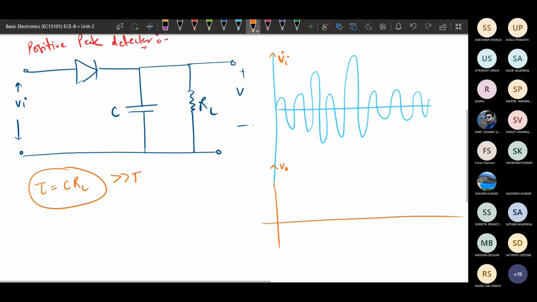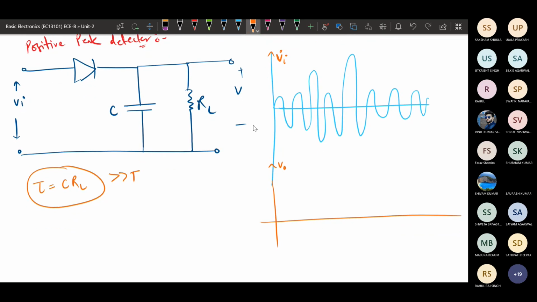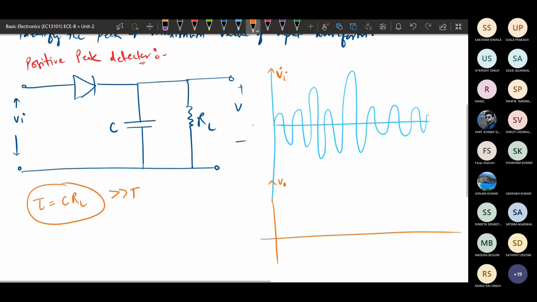In that case, for the rate of charging, we also need to consider the forward resistance of this diode. These two will be in parallel, so tau will be C multiplied by R effective.